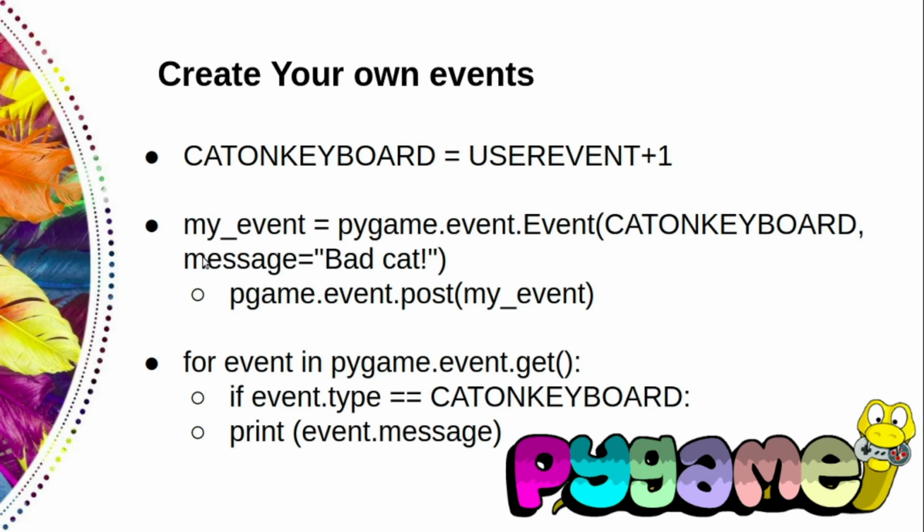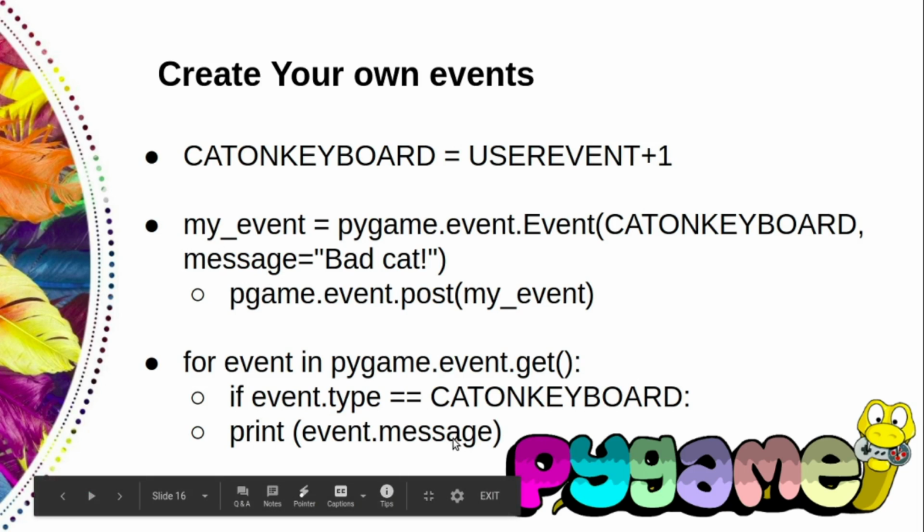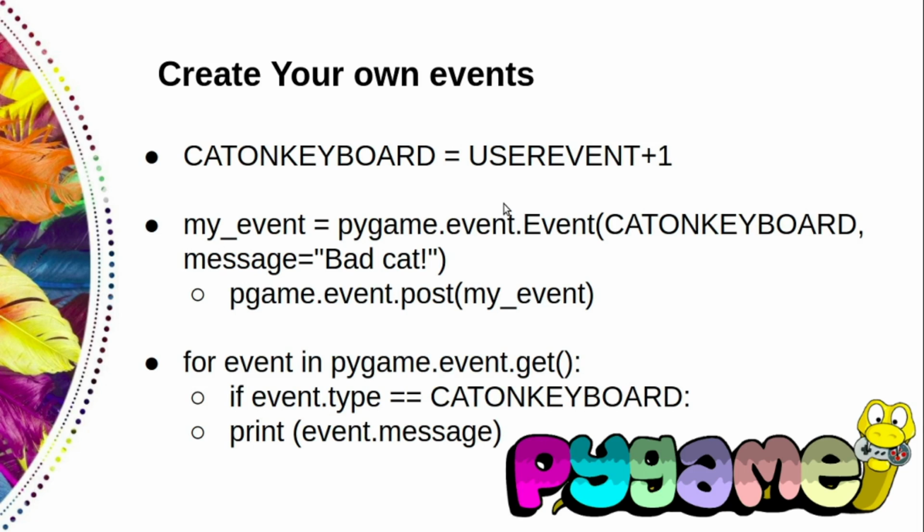So I hope you are able to understand how to handle events. We have seen how to filter out events, how to create your own events, and how to simulate Pygame events, as well as create your own events using the proper Pygame functions.